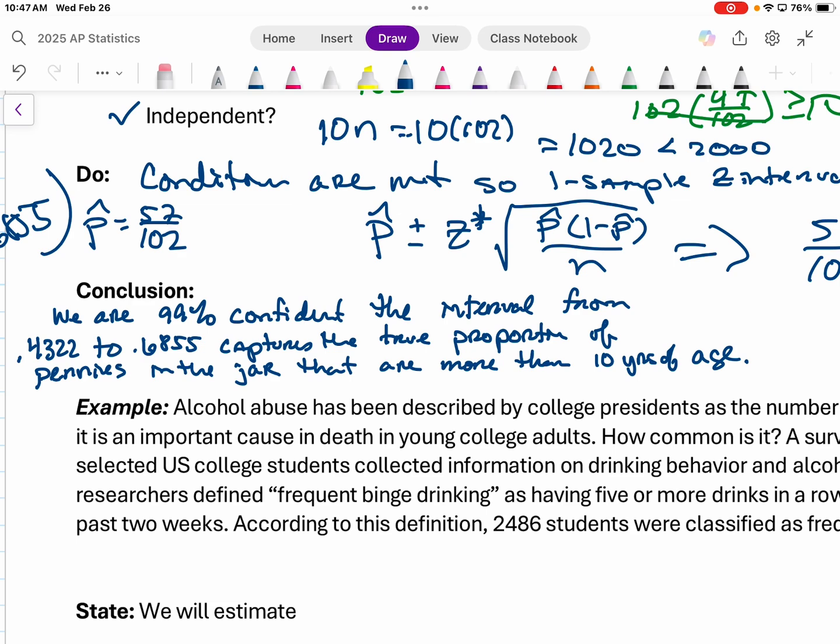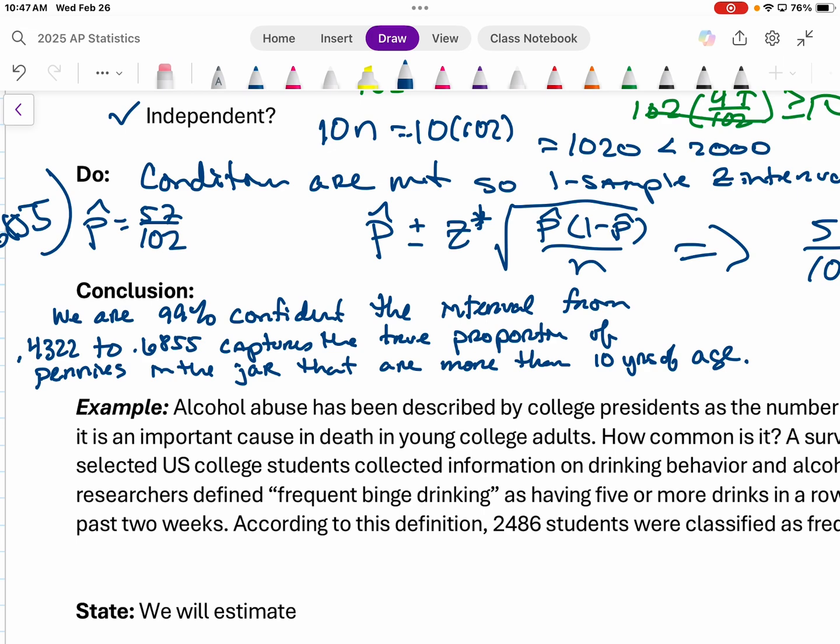If I want a smaller percentage range, if I want my width to be smaller, what do I need to do? That goes back to yesterday's lesson. If I want to decrease that wideness, that margin of error, to make my interval smaller, what can I do? There's two options. I can change the confidence level. How do I change it? I have to go down.